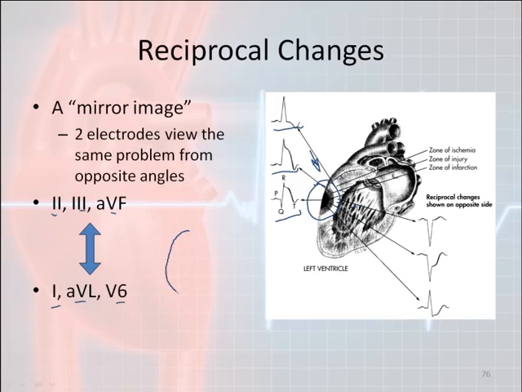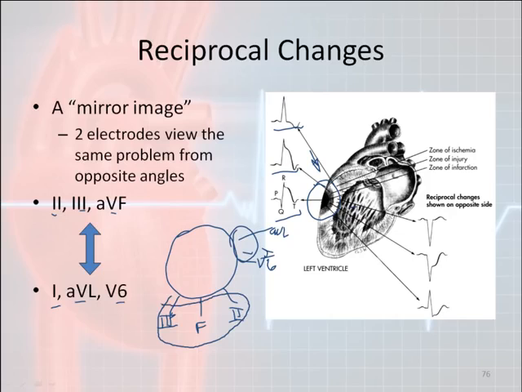Because if you remember the hexaxial plane, down here, here, and here, this is 2, this is 3, this is AVF, this is going to be lead 1 or V6, and up here is going to be AVL. So if you're having a problem over here, these are going to show reciprocal changes. On the flip side, if you're having a problem here on the heart, these are going to show reciprocal changes.